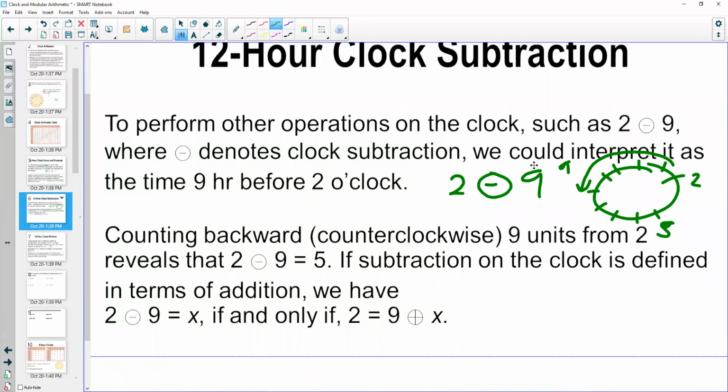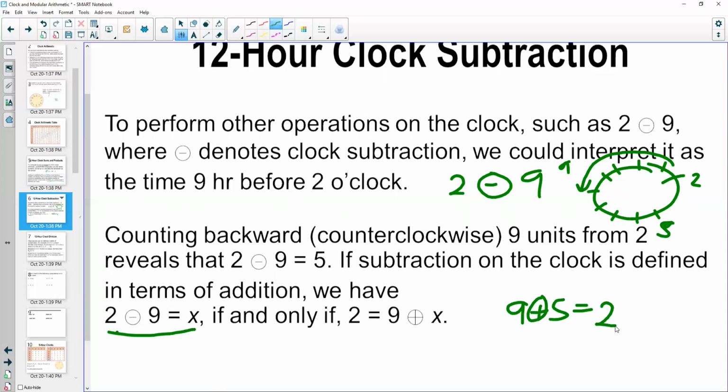Okay, that gets us 5. So we can write it this way as 2 minus 9 is x, but we also have to have the idea that if I had 9 hours and we added 5 more, that would get me to 2. They are inverse like that.